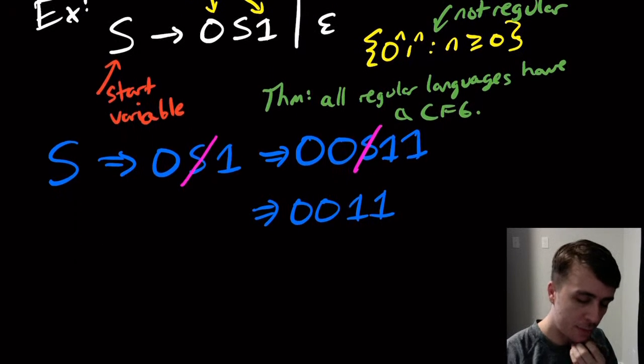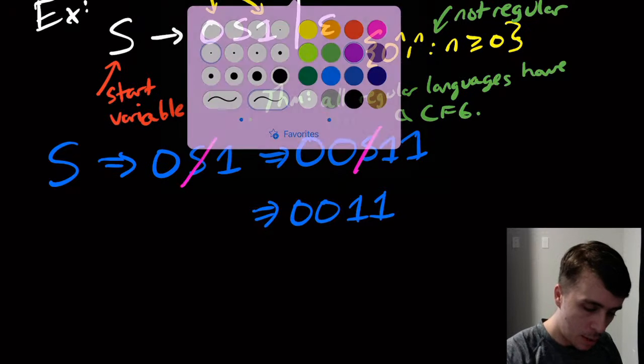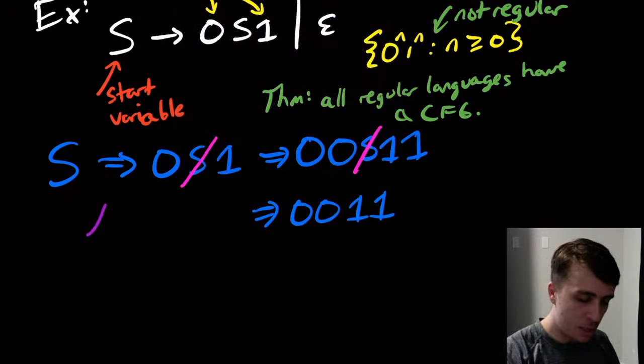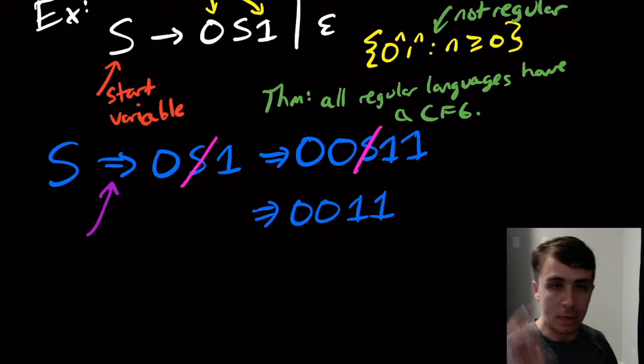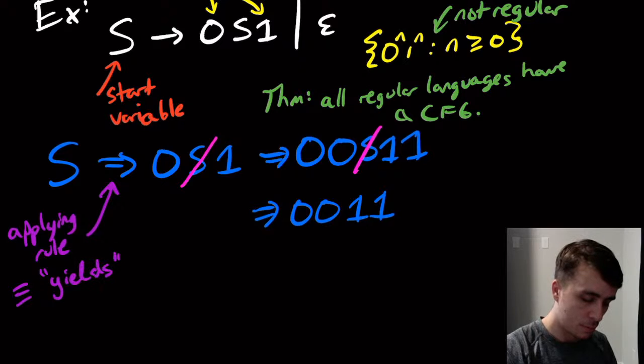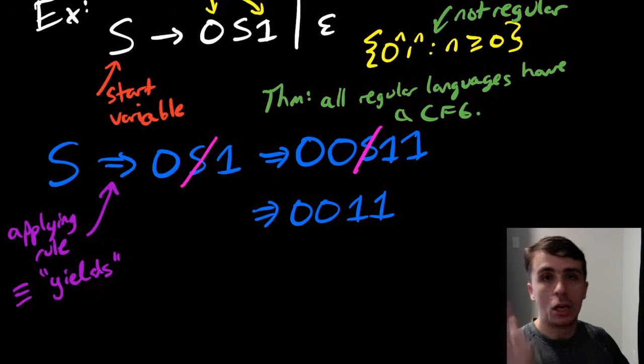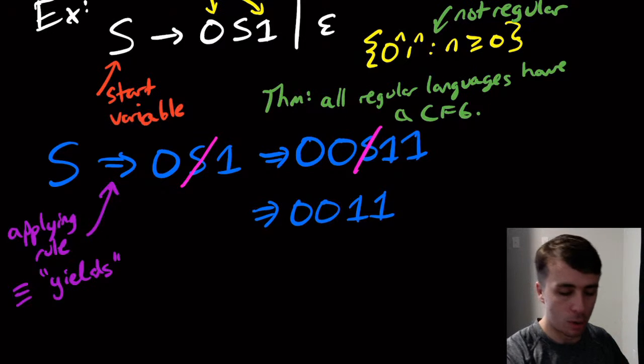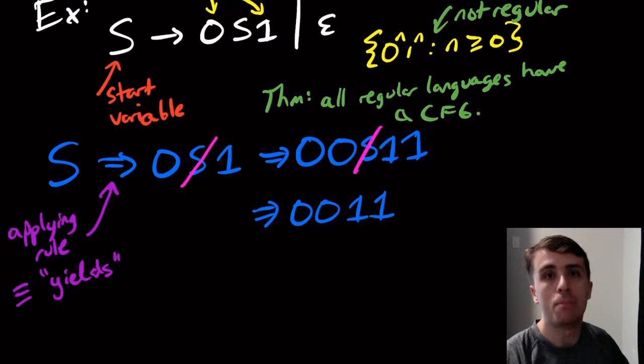So what are some definitions here? This right here, when we applied a rule, so this is applying a rule, is equivalent to saying yields. Yields means we applied a rule. So the left-hand side yields the right-hand side because we could apply a rule from the first one to get to the second one.